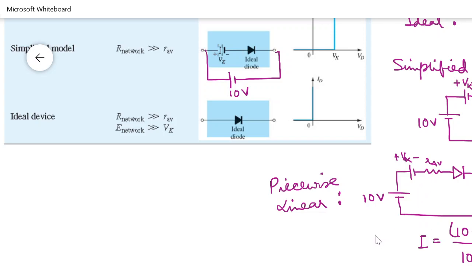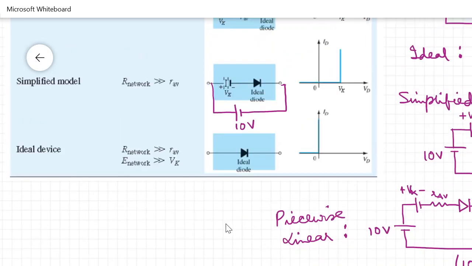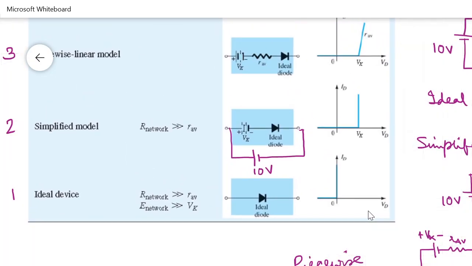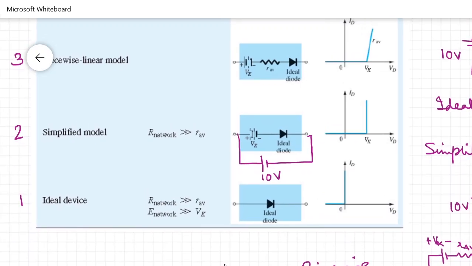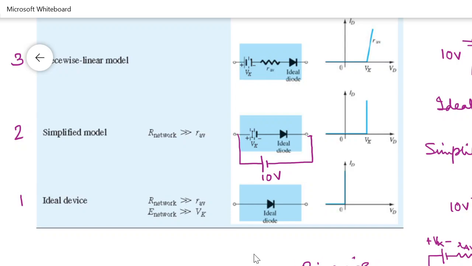You will notice appreciable changes when you include RAV and when you don't. So please practice some examples from the book. Boylestad has many different problems, and the Malvino book also has problems. You practice from any of these, and then in the tutorial you will not face any problem.